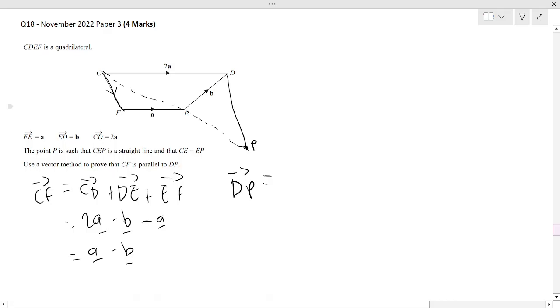So what that means actually, and you should remember this, is DP. Well, we're also given CE. CE is E to P. So D to P. How are we going to get from D to P? Well, we could say D to P is D to E, add EP.